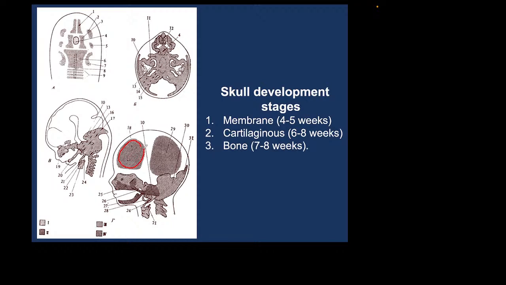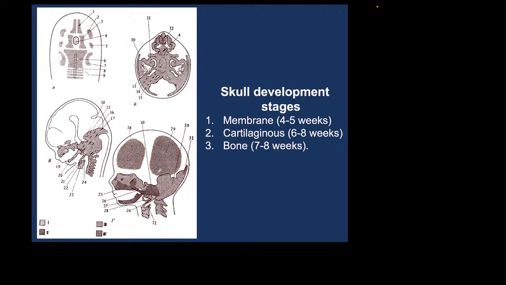Intramembranous ossification forms flat bones of calvaria and face, like frontal, parietal, and part of occipital bones.